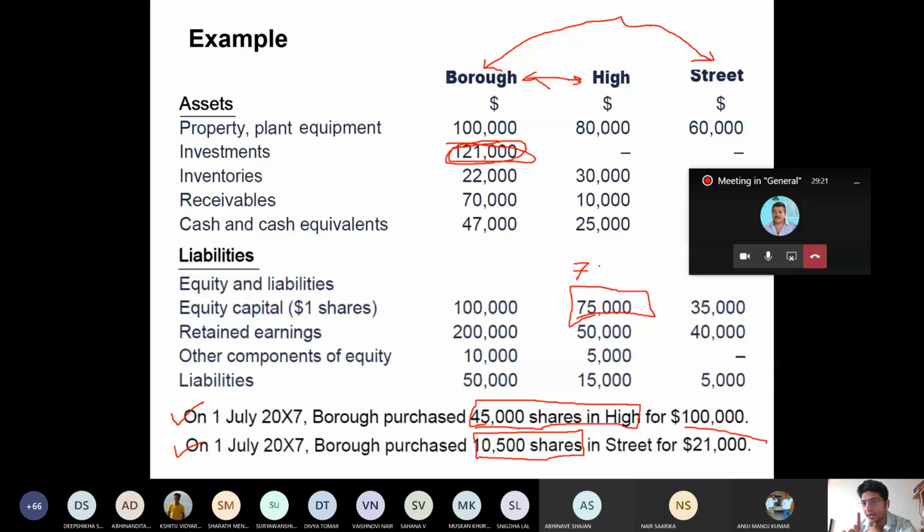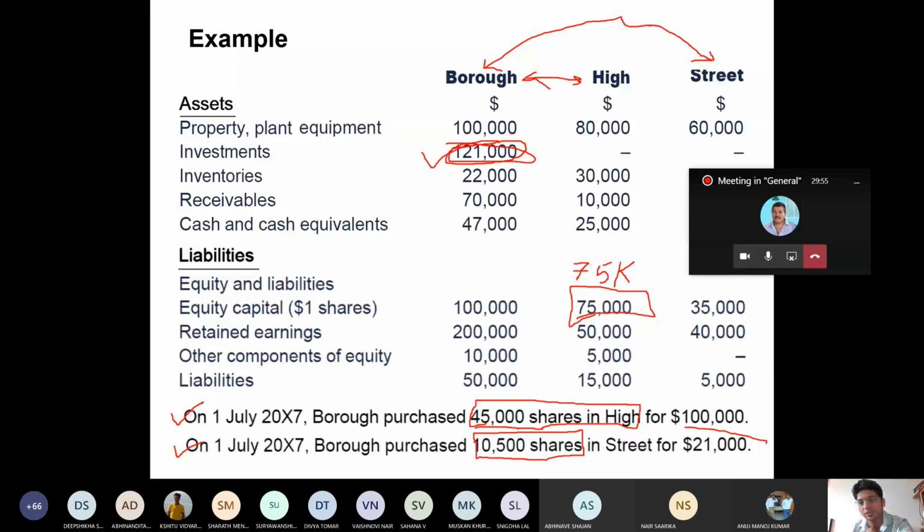45,000 shares. So pay attention, guys. We are not going to compare the amounts. We are going to compare the number of shares. Look at the asset side under investment: Borrow is making the investment. How much investment Borrow is making, they will give in the problem. Borrow purchased 45,000 shares in High.